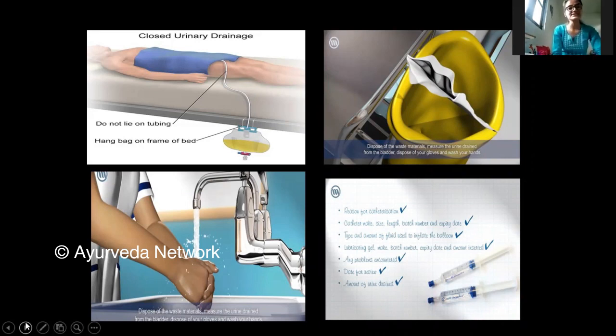After you do this, you have to dispose of all the things you used, all the gloves, and again you are supposed to wash your hands. And you should make sure that you record everything: what was the reason for catheterization, what was the size you used, what was the expiry date of the catheter, what was the expiry date of the lubricant and anesthetic jelly you used, and what was the amount of urine.